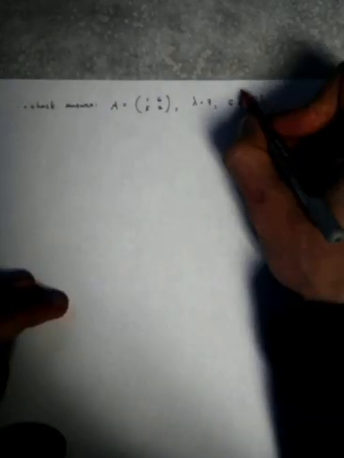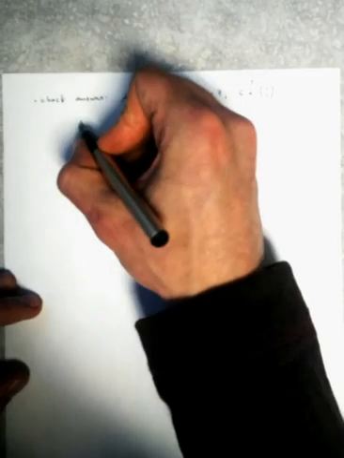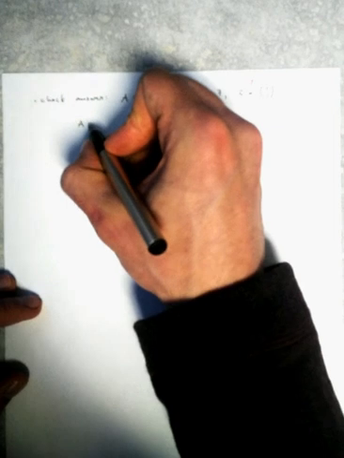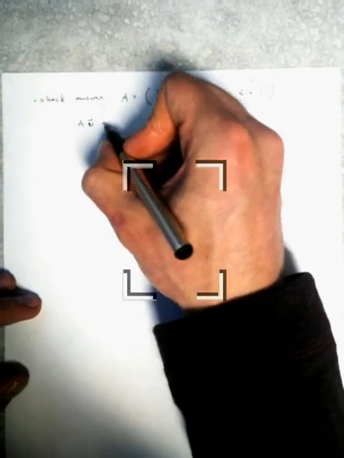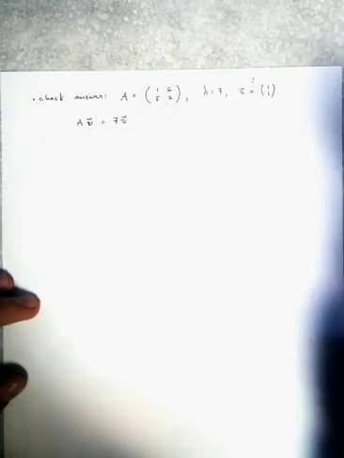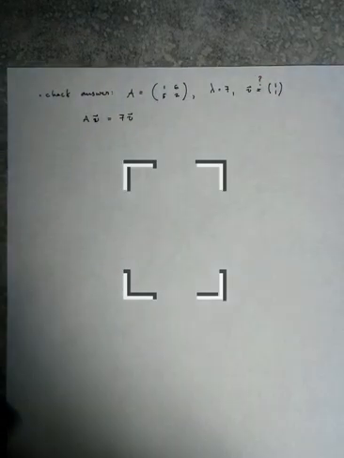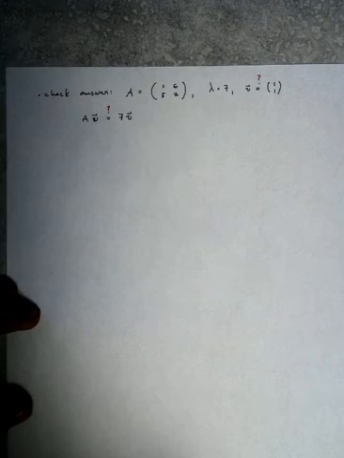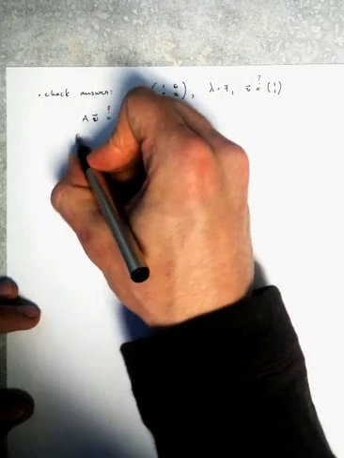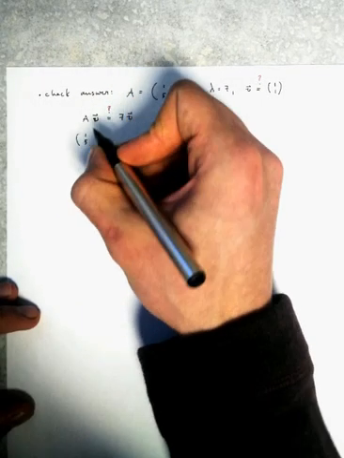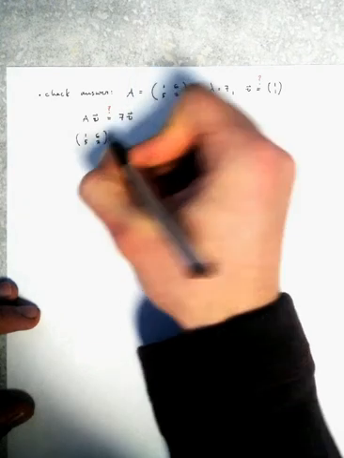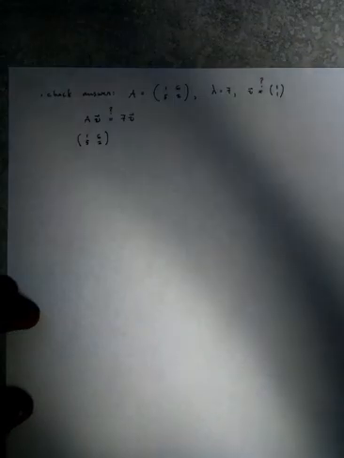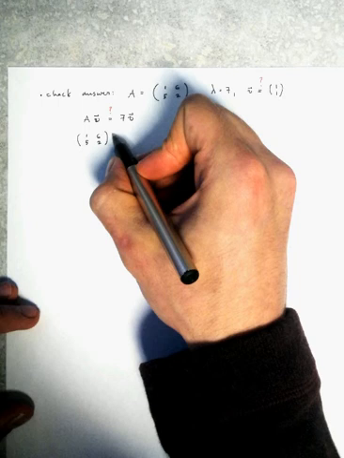So we're going to check that that worked. If this really worked, then when I multiply A times v, I should get 7 times v. Let's multiply [1, 5; 6, 2] times v.